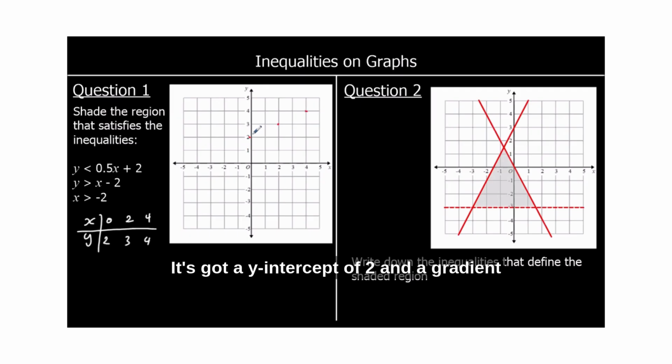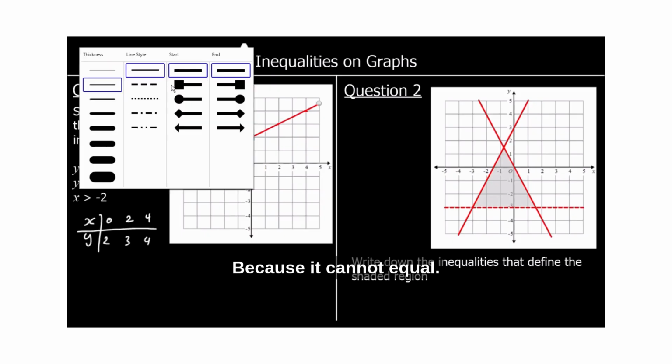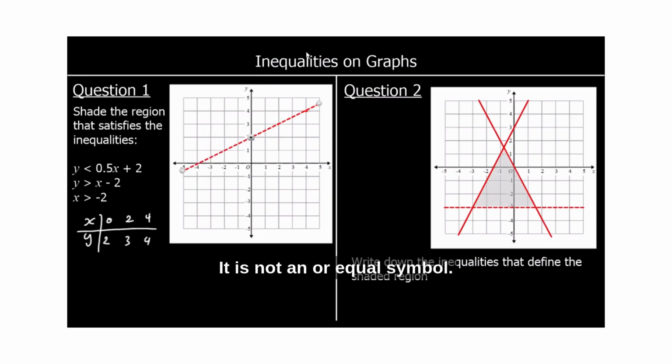It's got a y-intercept of 2 and a gradient of a half. So for every one it goes across, it goes up half. And we are going to want to draw a dotted line this time, because it cannot equal. It is not an or equal symbol, it's just a less than symbol.